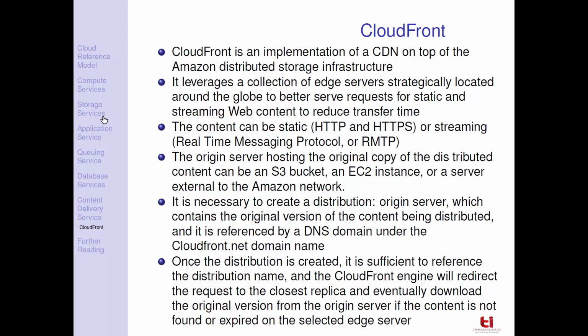We saw what a storage service is, and application services. We saw Google App Engine in detail. We understood what a queuing service is, then database services, and finally the content delivery service, wherein we also understood what a content delivery network is.